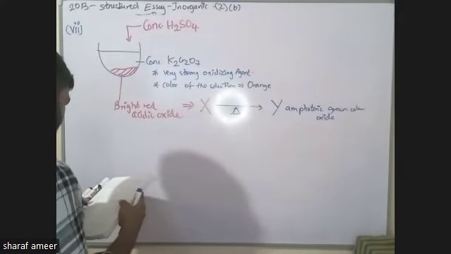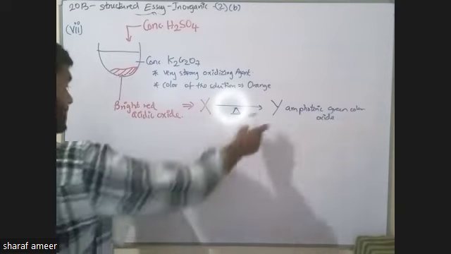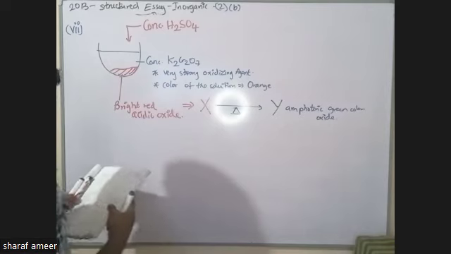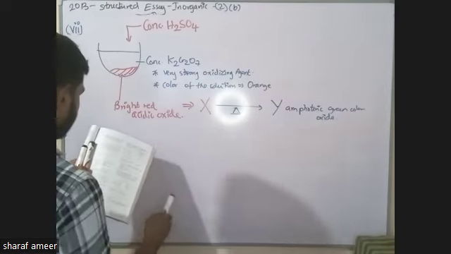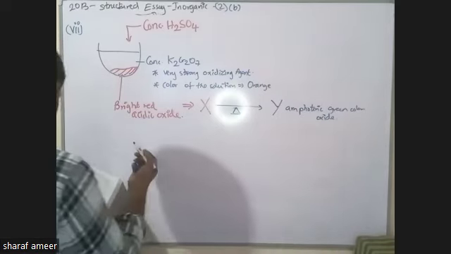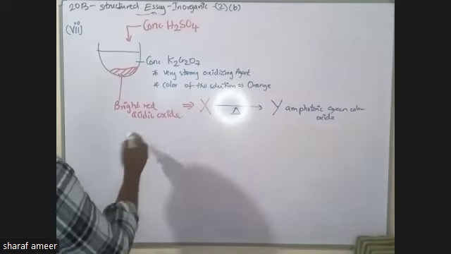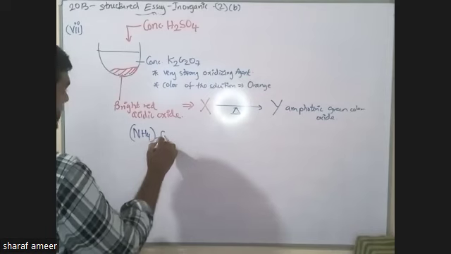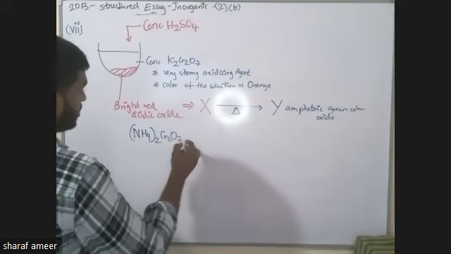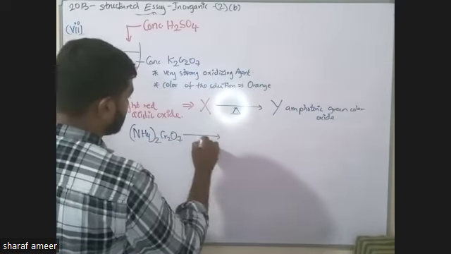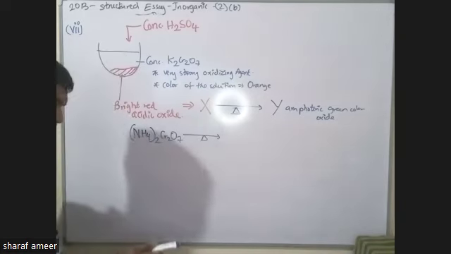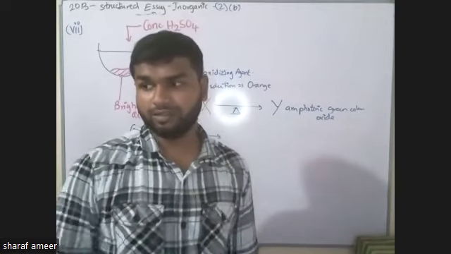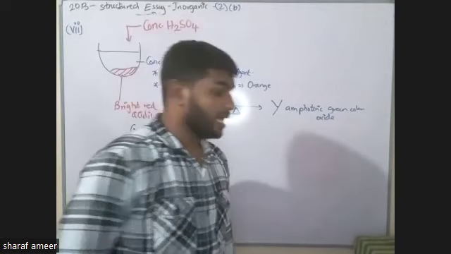They are giving another point: Y could also be obtained on heating ammonium dichromate. Once you heat this ammonium dichromate, you need to know the products.